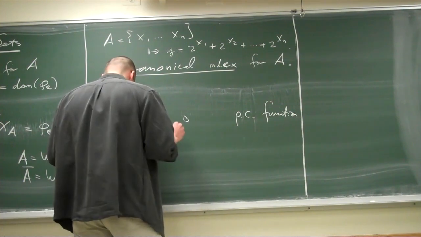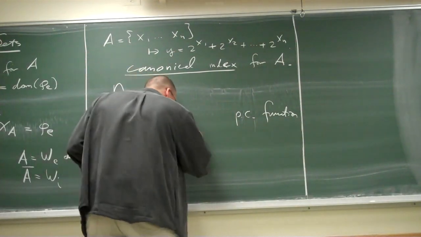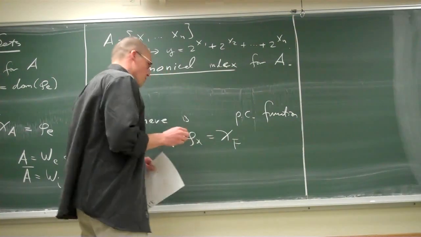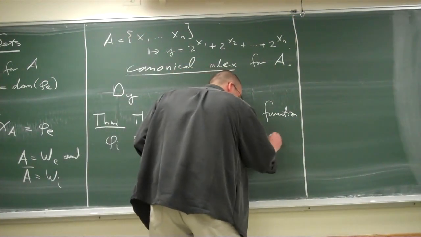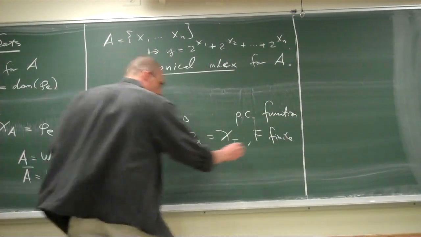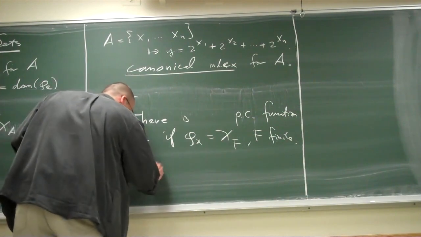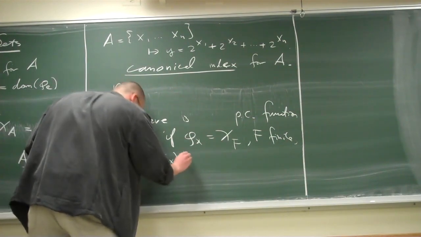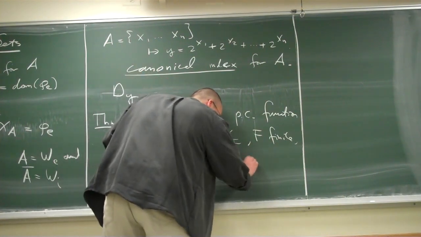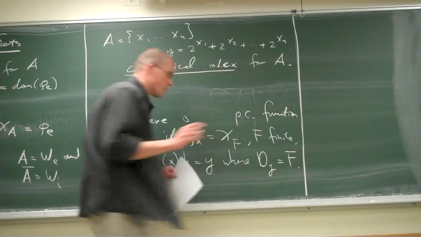if phi of x is the characteristic function of f, where f is finite, then phi I of x converges to a y where d of y is equal to f.